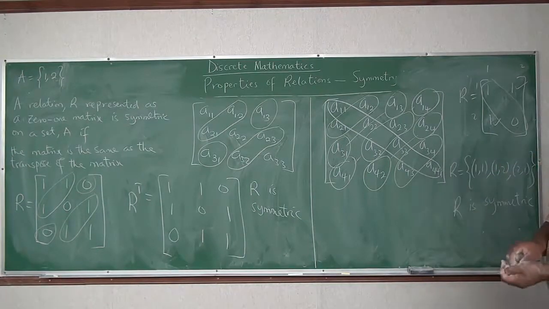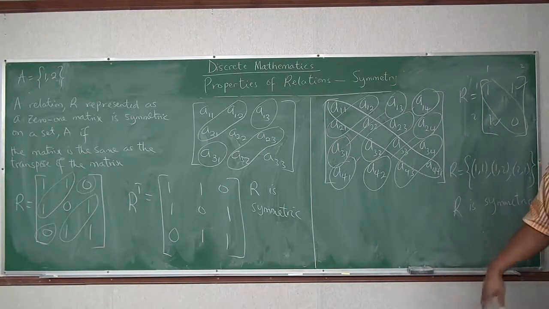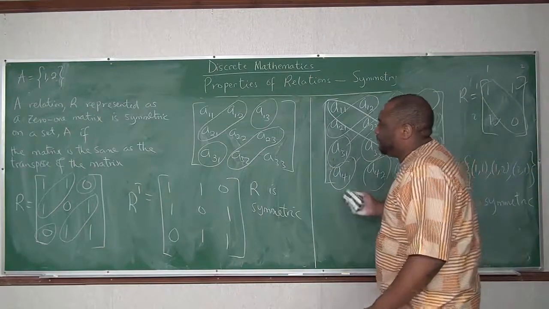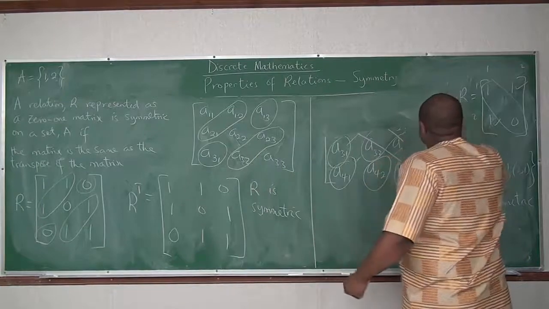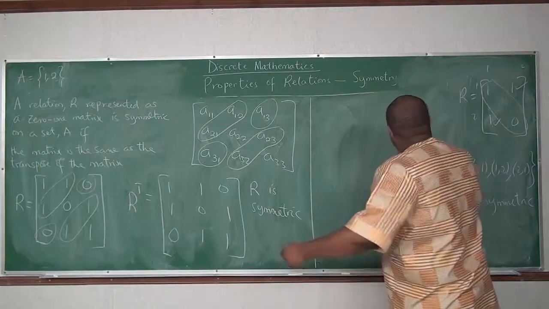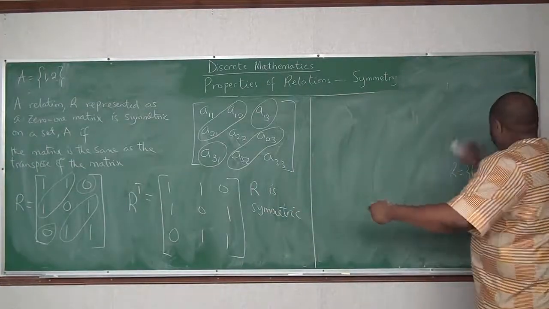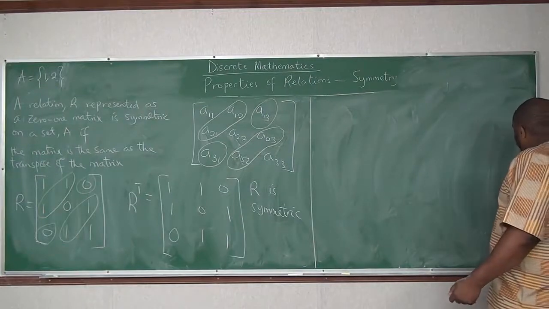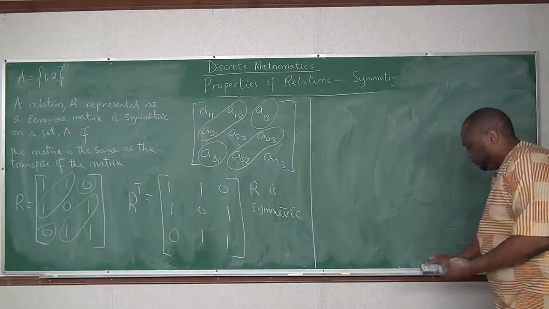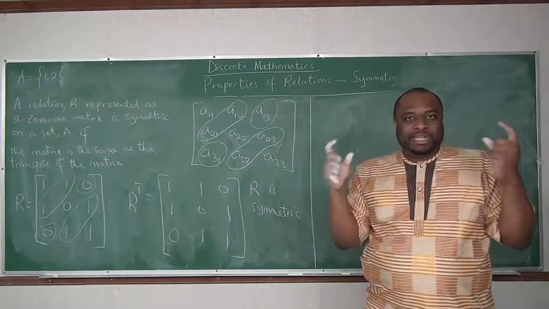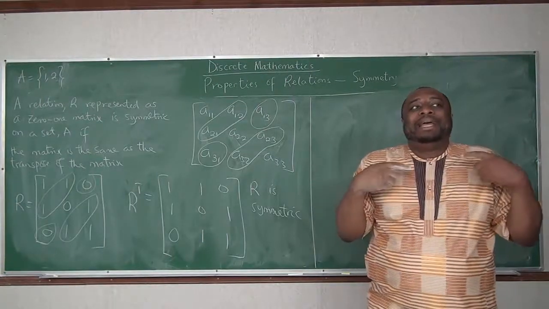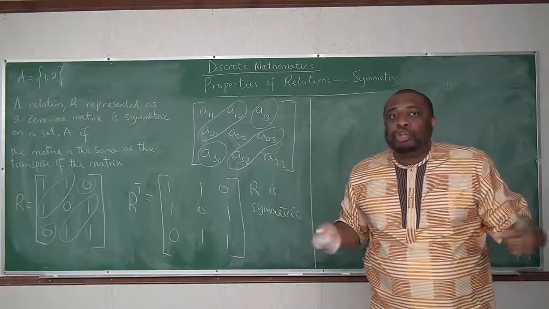Okay? What of the digraph? Now, let's look at the digraph. What do you think the digraph will be? For the digraph, you would have two-way streets. Now, you might have a loop or you might not have a loop.